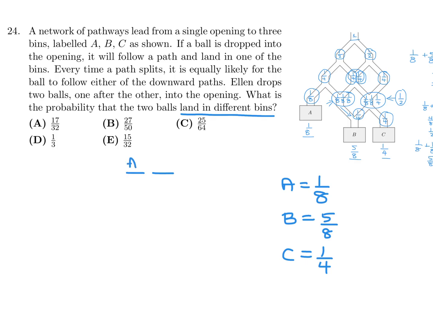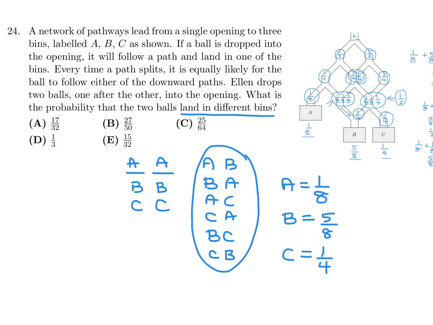Now you could have AA, meaning both of them land in A, both of them land in B, or both of them land in C. Or you can have two different bins, A and B, or B and A and C, C and A, B and C, or C and B, correct? Are there any other possibilities? I think that's it. Okay, so two different bins would be these guys. I'm pretty sure that's true.